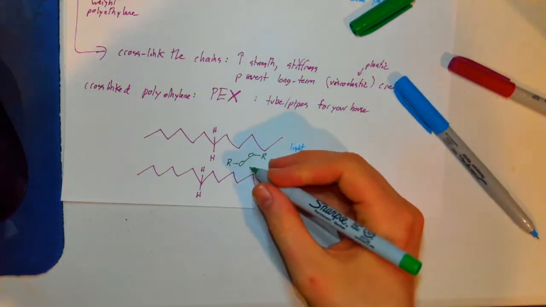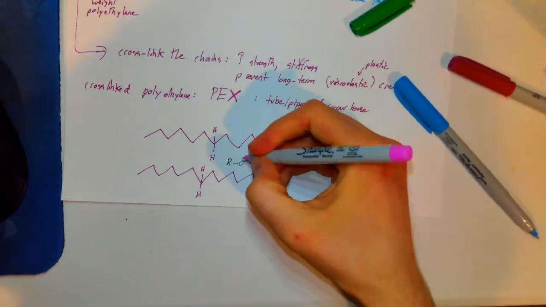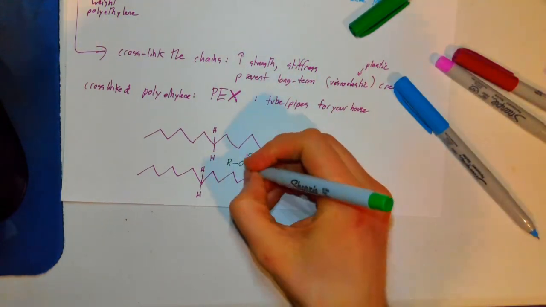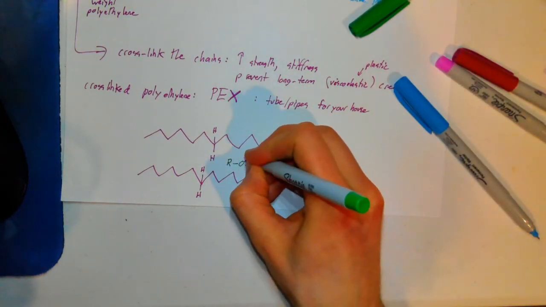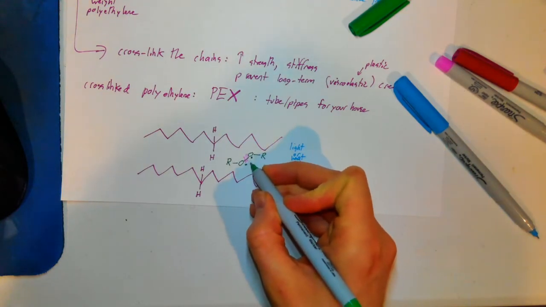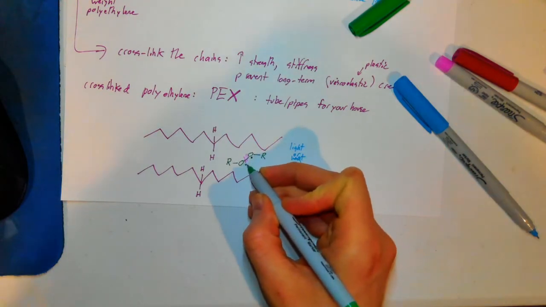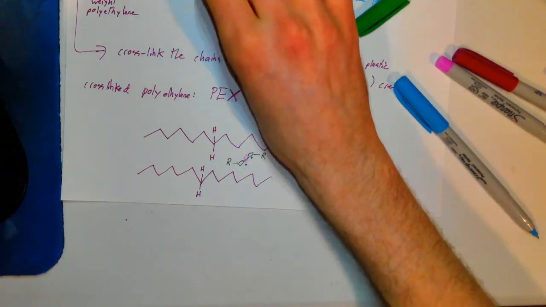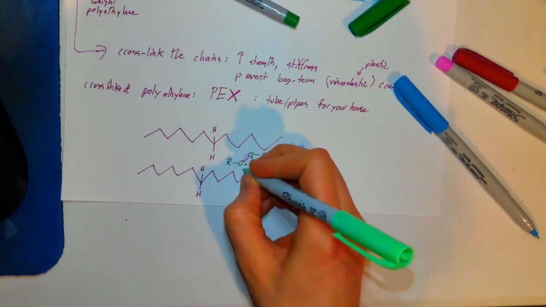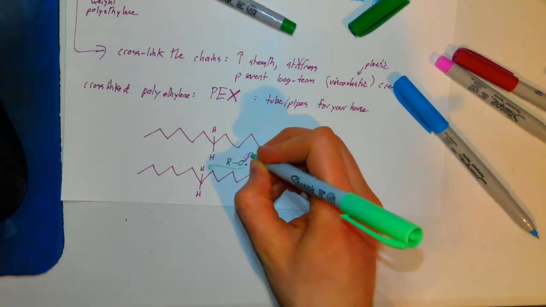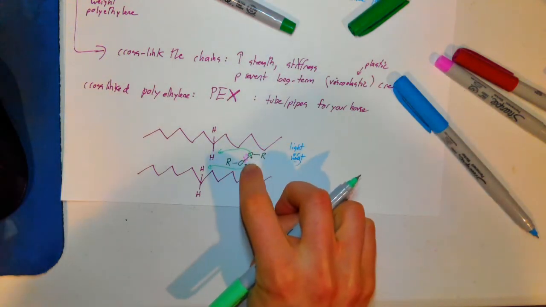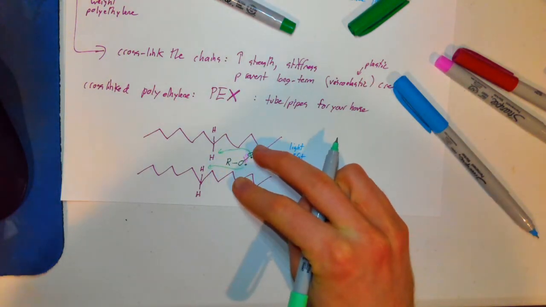The way this radical initiator works is light or heat or whatever breaks this oxygen single bond. By breaking this bond, you create two free electrons that are free to do whatever they want. These electrons basically switch places with adjacent hydrogens. So by cracking open this radical initiator, you create two radicals right next to one another.